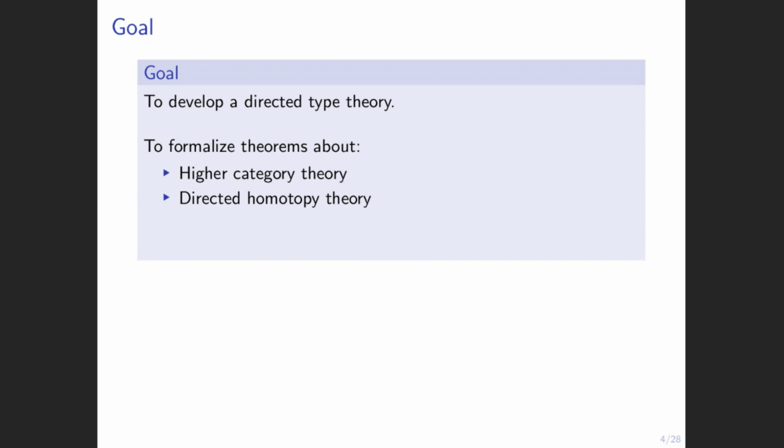So there are these two different motivations, both higher category theory and directed homotopy theory. And directed homotopy theory is a relatively young subject, but it's very interesting because it has a lot of interesting applications. So one is about semantics of concurrent processes, and another one that people might be interested in is about rewriting.